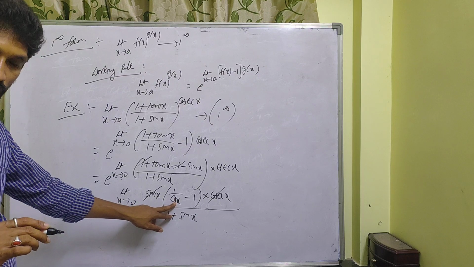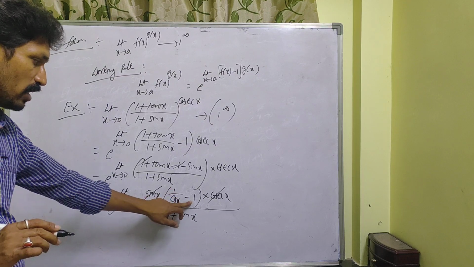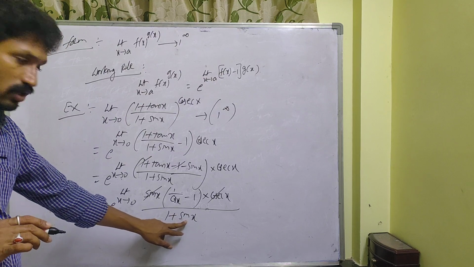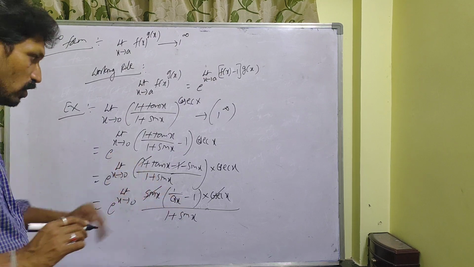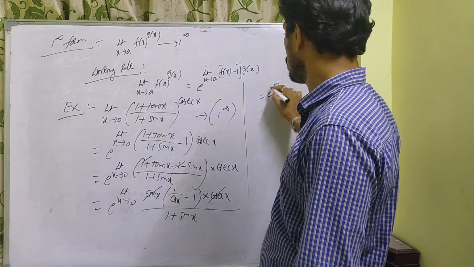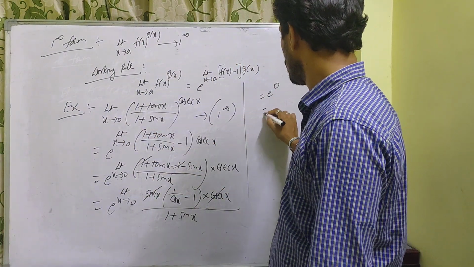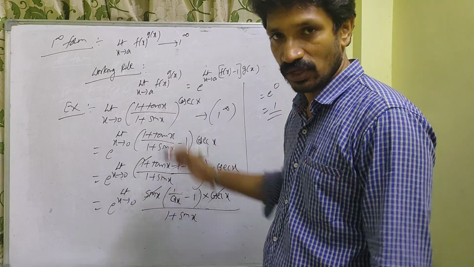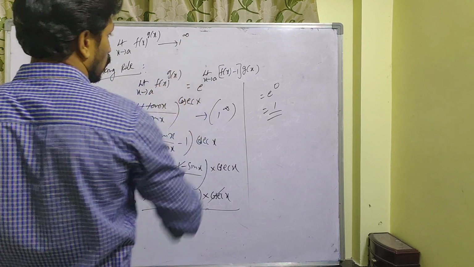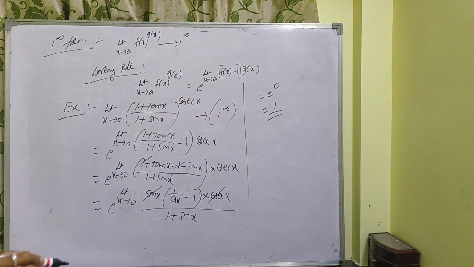Cos 0 is 1, so 1 minus 1 is 0, and 0 by 1 plus sin 0, that is 1, so 0 by 1 is 0 only. So this value becomes e power 0, and e power 0 is 1. This is the way to apply the limit whenever you have a function in the form of 1 power infinite.